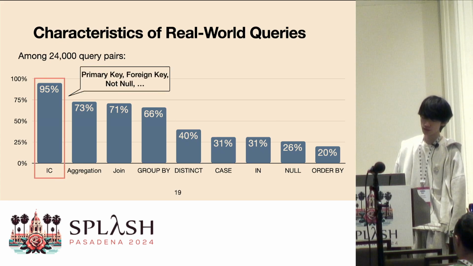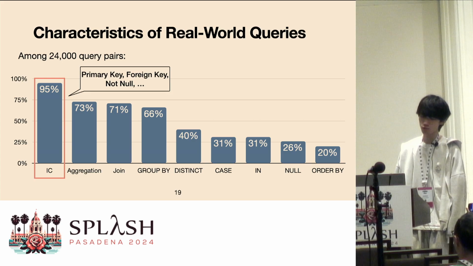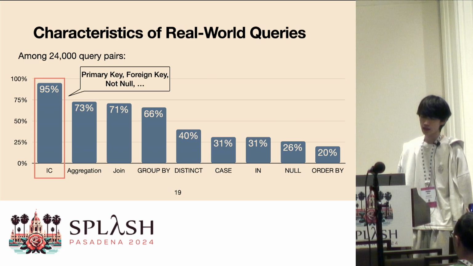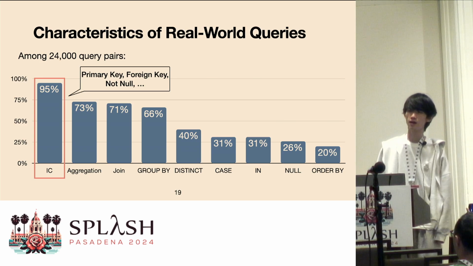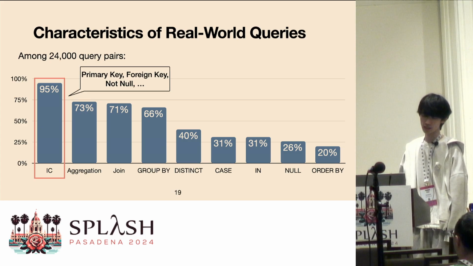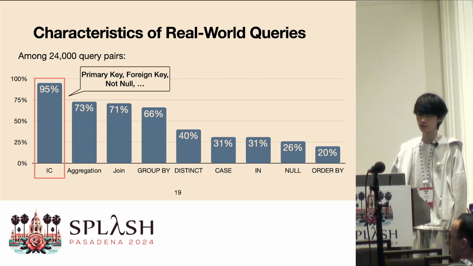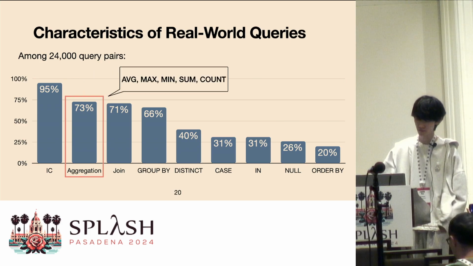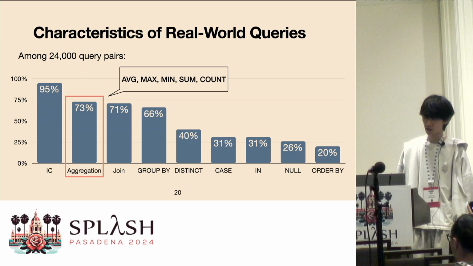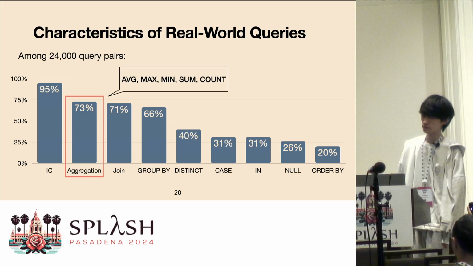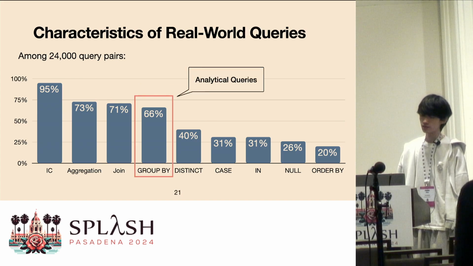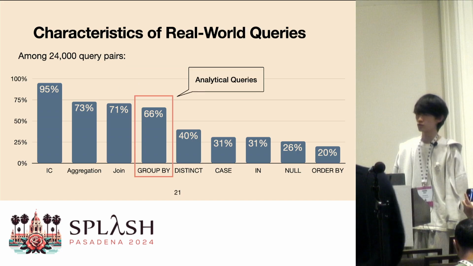Firstly, real-world queries often use different kinds of integrity constraints, like primary key, foreign key, not null, and many others. More than 95% of queries in our benchmark require consideration of integrity constraints. And more than 73% of benchmarks use aggregate functions, like average, max, and min. And 66% of queries use group by.